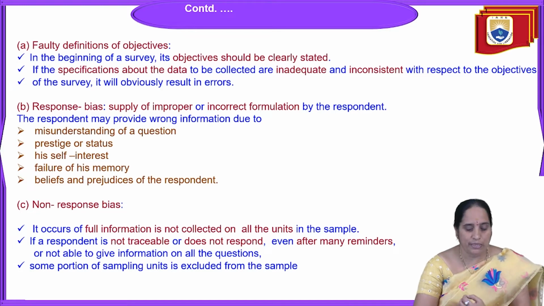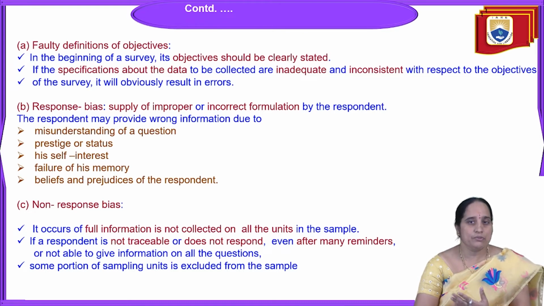The next one is failure of memory. Sometimes due to absent-mindedness or due to over stress or some other reasons, he may not recollect the things properly. That also leads to response bias, as do the beliefs and prejudice of the respondents.